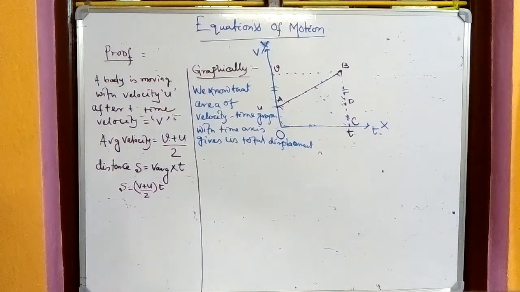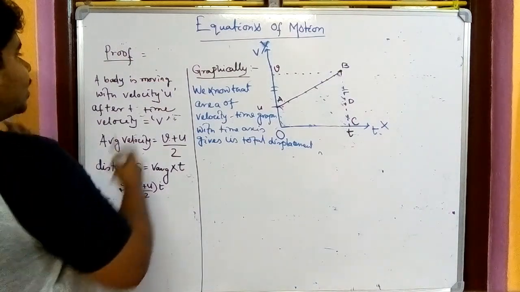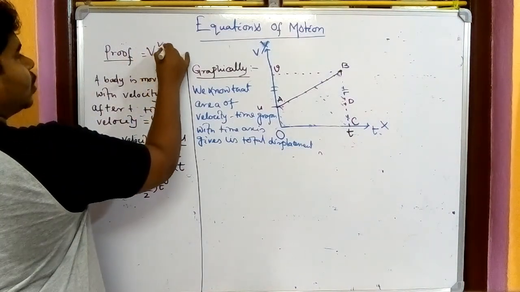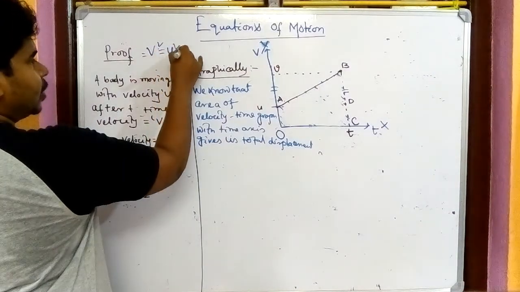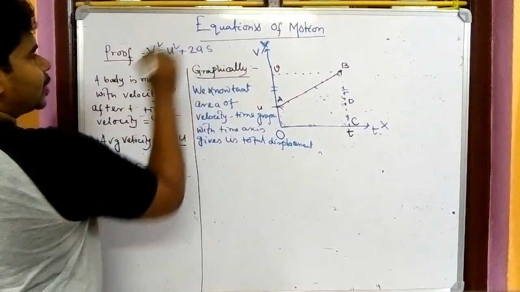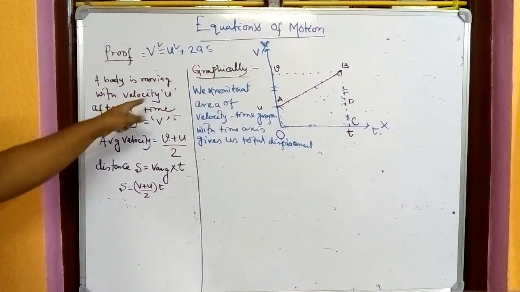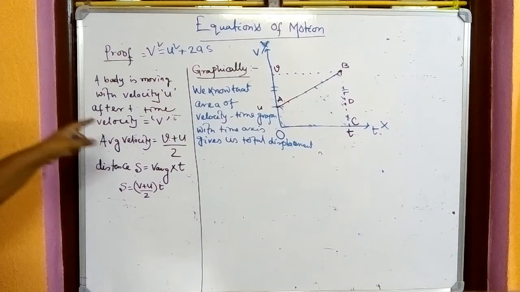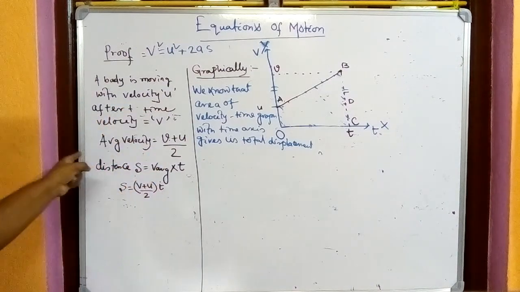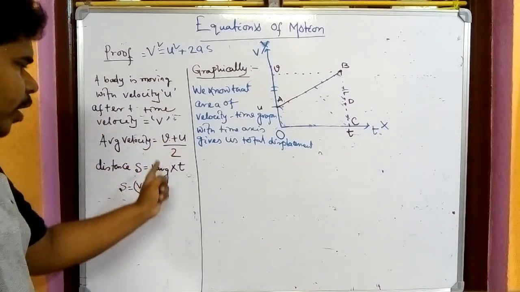We have to do the last equation, that is v square equals u square plus 2as. Here also I am taking the same thing, that a body is moving with a velocity u. After t time the velocity is v. We have taken the average velocity, that is v plus u by 2.